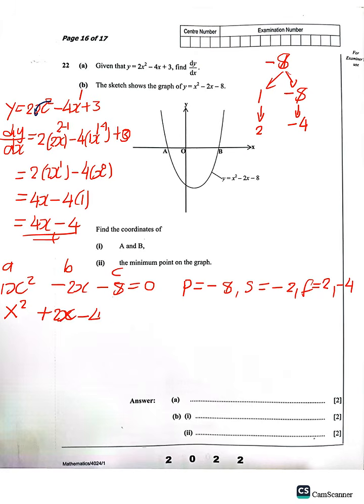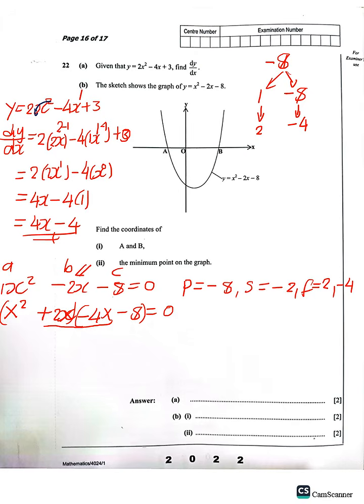Then minus 4x minus 8 is equal to 0. So we can see that if we add 2x and minus 4x, it must give us -2x. So let's first now factorize these two and also factorize these two.